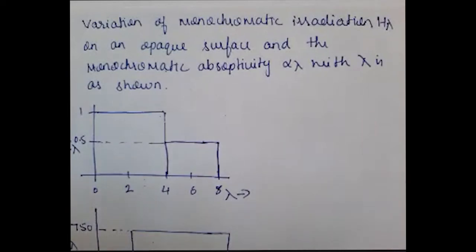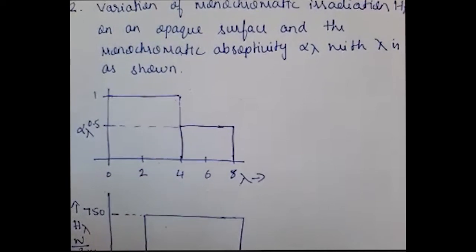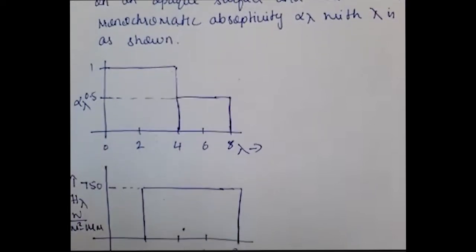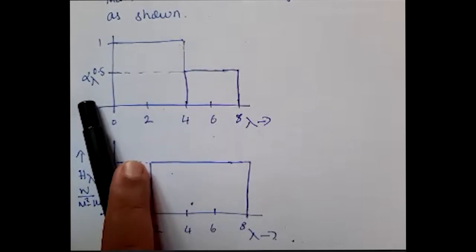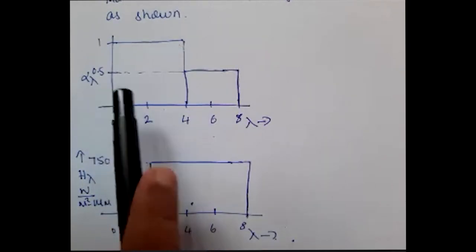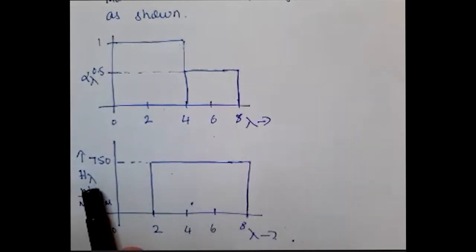The problem goes like this. Variation of a monochromatic irradiation, that is H lambda, on an opaque surface and the monochromatic absorptivity alpha lambda with lambda is shown. We have a graph with alpha lambda, that is monochromatic hemispherical absorptivity, and H lambda, that is monochromatic irradiation.